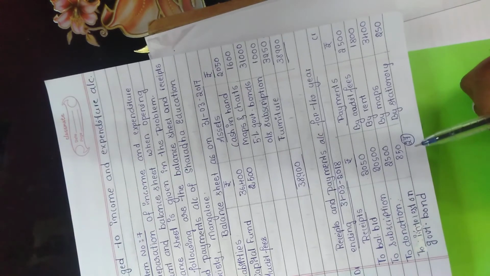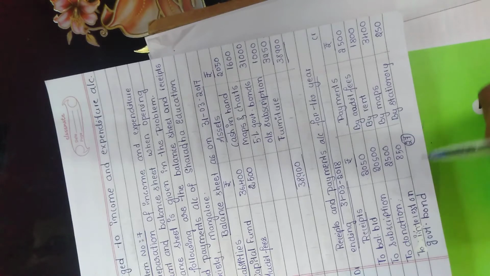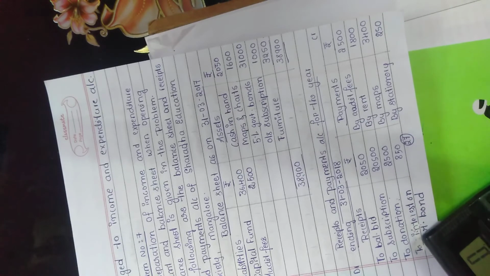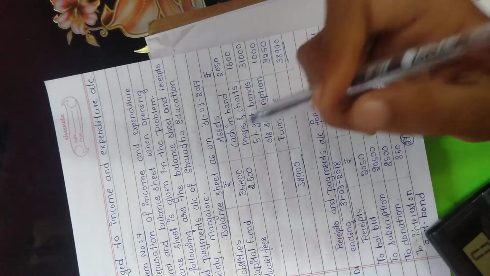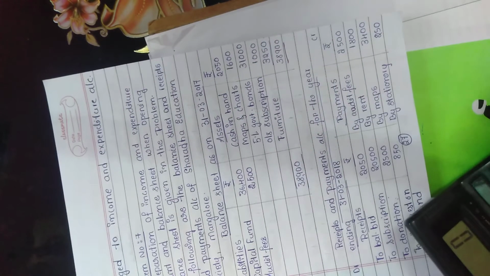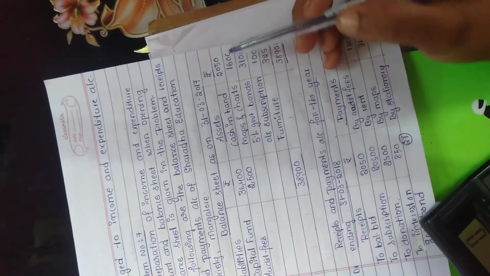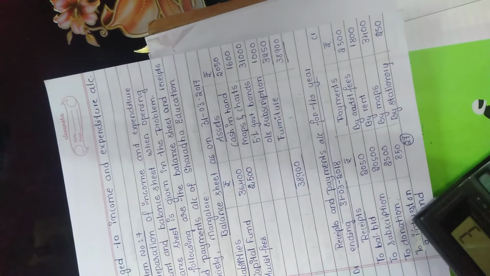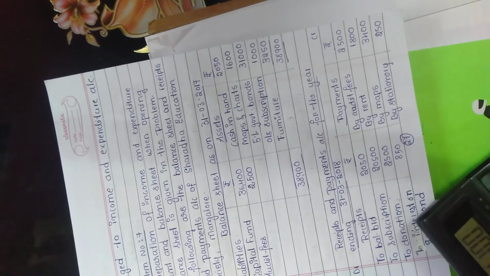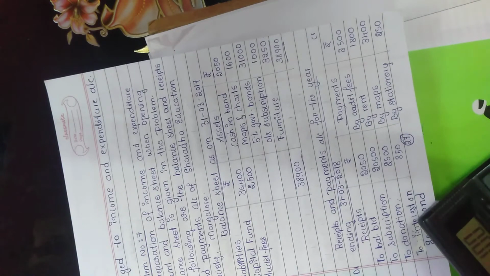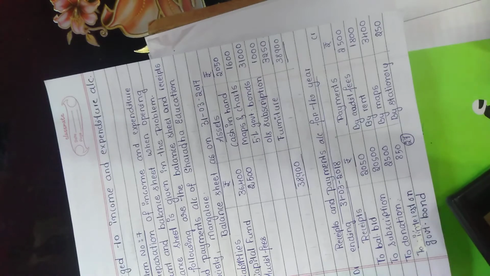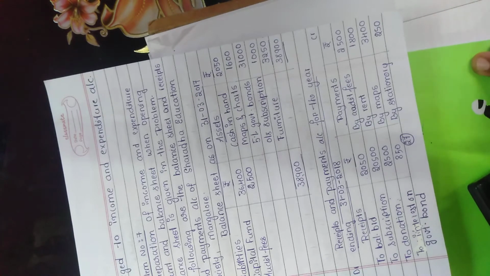So what we need to see is whether there is any outstanding interest that the organization is yet to receive. For that, you need to calculate 5% on 31,000. 31,000 into 5 by 100. So what is the amount? 1,550 is the interest which the organization needs to receive.